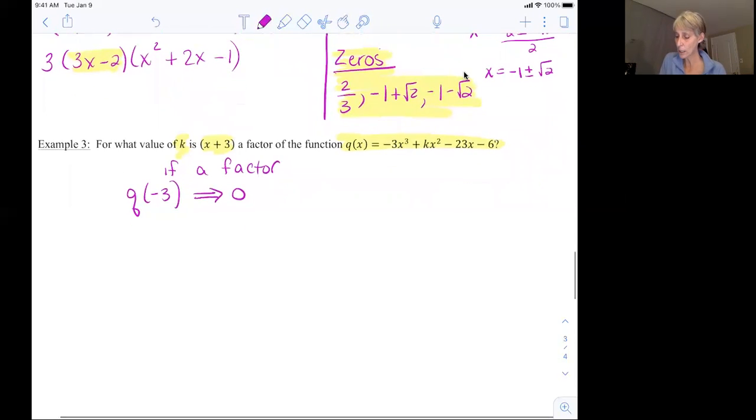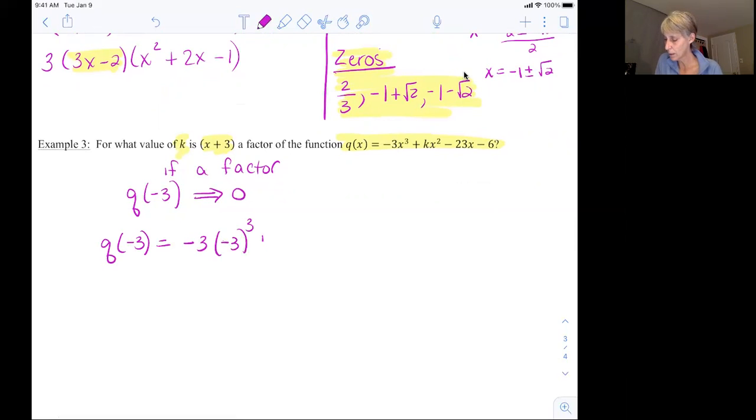And actually, the function notation method is easier. So I'm going to work backwards here, and I'm going to plug -3 in for x, and I'm going to leave k as my variable, and I'm going to solve for it.